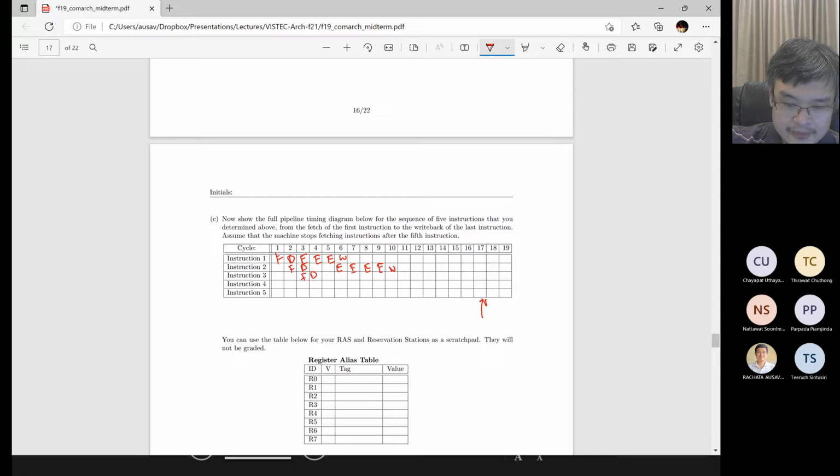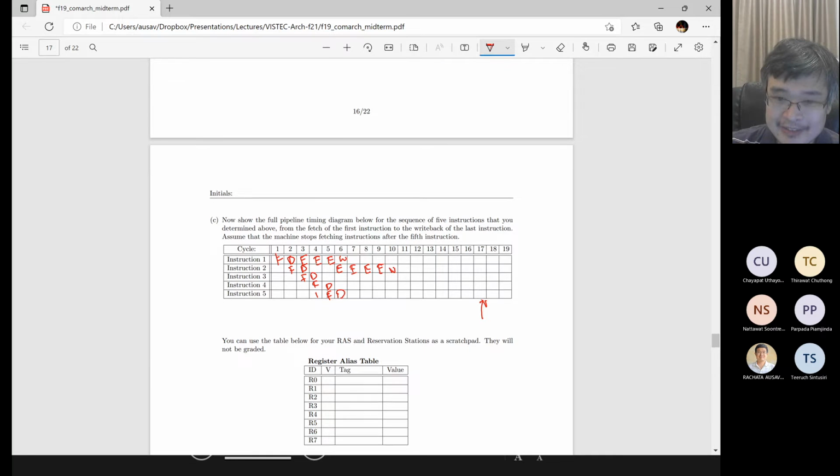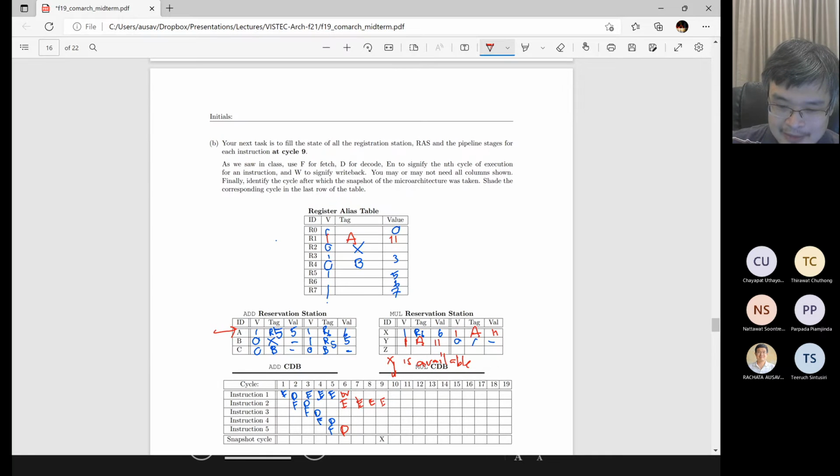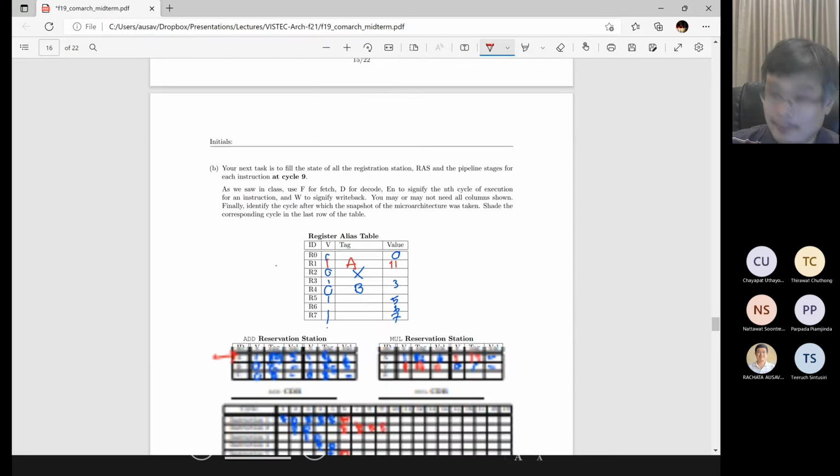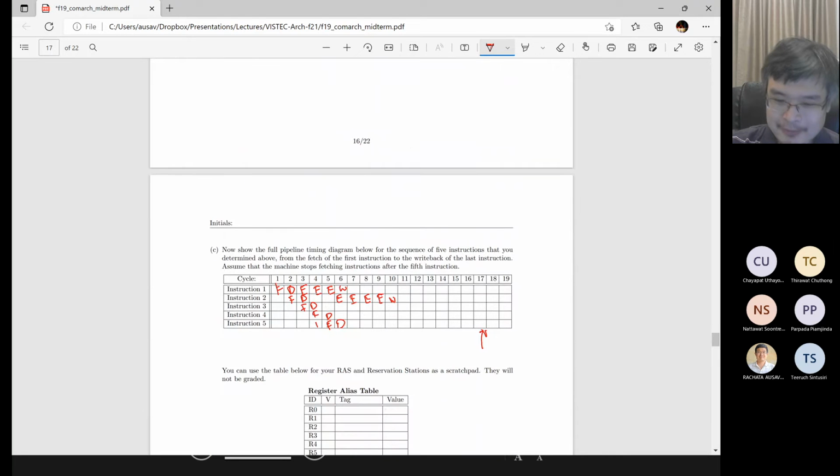Fetch, decode, fetch, decode, fetch, decode, right? Then at cycle 10, R2 becomes available for both instructions. So both instructions can begin because you have one adder and one multiplier. So you can execute both of them here.